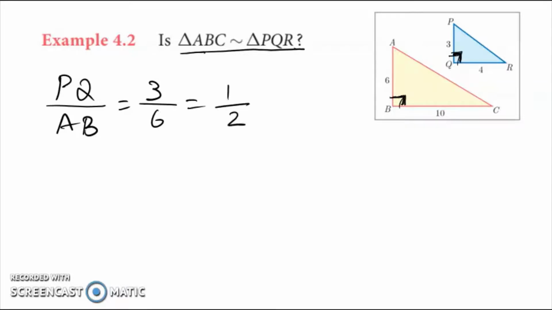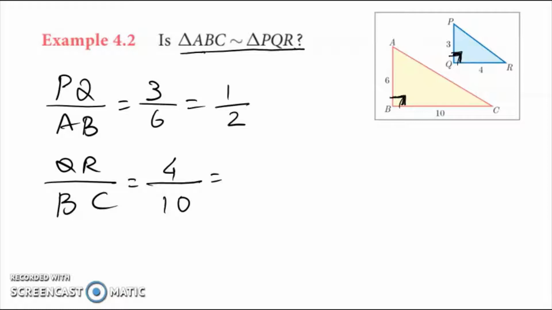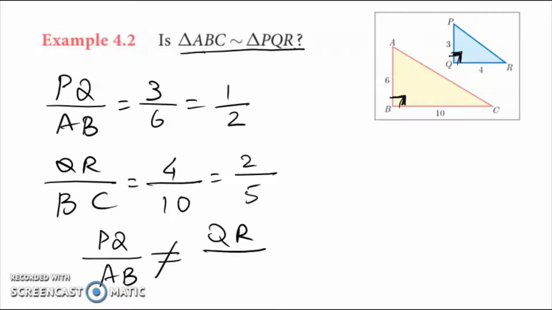That's 1 by 2. Now what's the other side which is adjacent to this angle? It's 4, or rather QR over BC. So QR over BC is equal to 4 by 10, and that's equal to 2 by 5. So our PQ by AB is not equal to QR by BC.